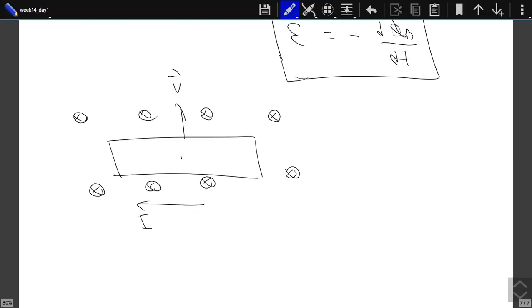Now, if you imagine one charge over here, let's say a positive charge, not the electrons, it is moving in this direction. So that's the direction of the motion. And the force that is exerted on it is, let's say, in this direction. There's a magnetic force acting on it. So it will do such a motion.